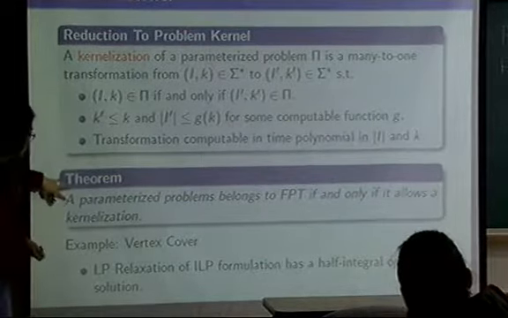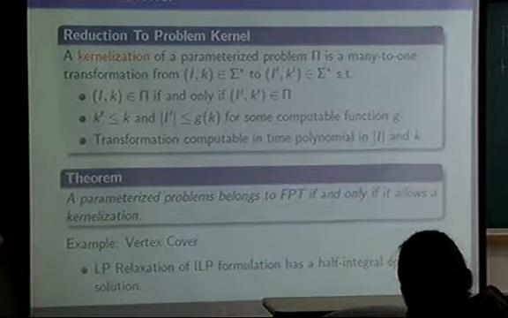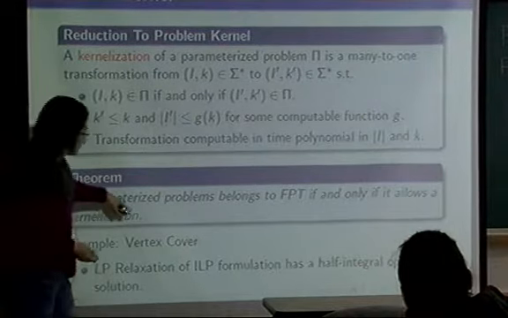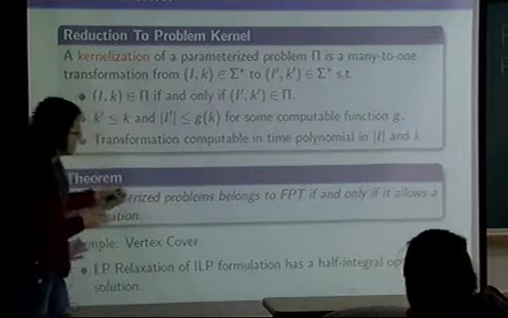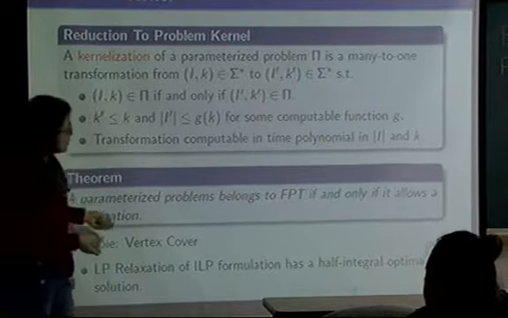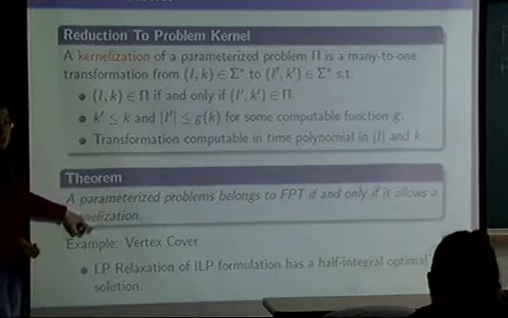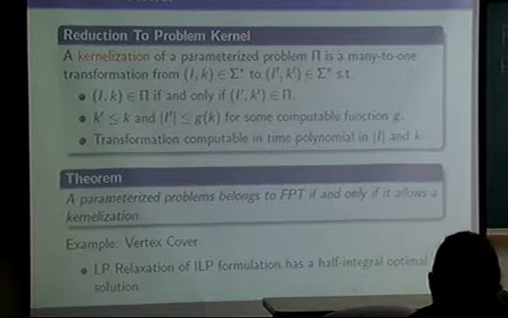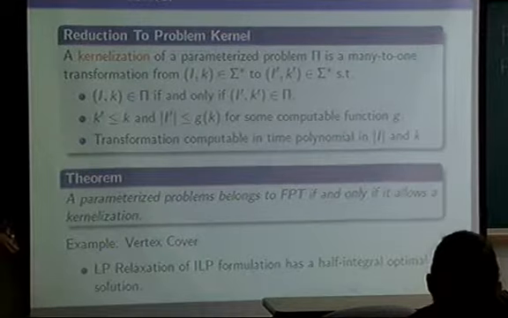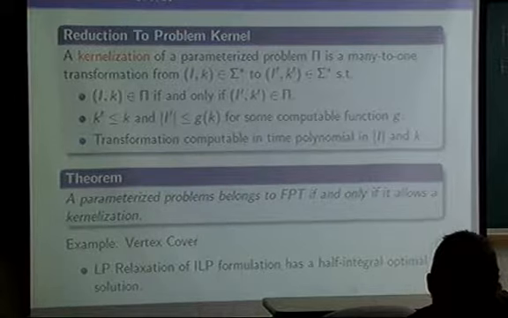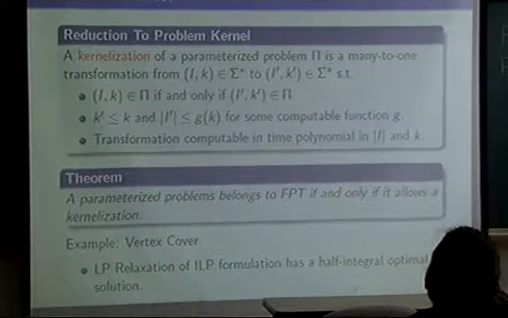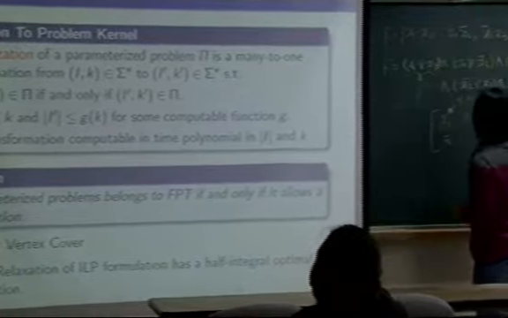The next theorem is one of the central results in parameterized complexity. A parameterized problem belongs to FPT, so it allows a fixed parameter algorithm, if and only if it allows a kernelization.